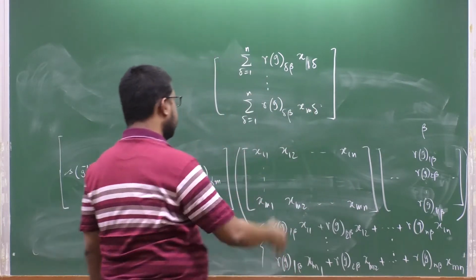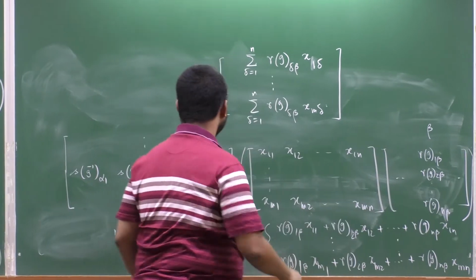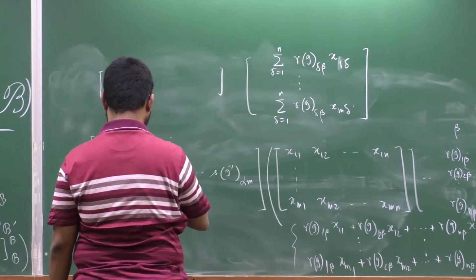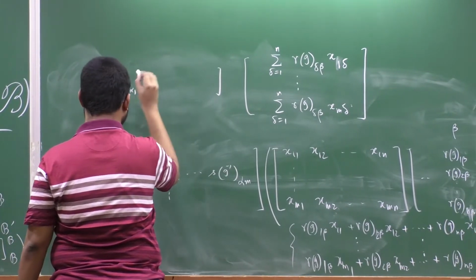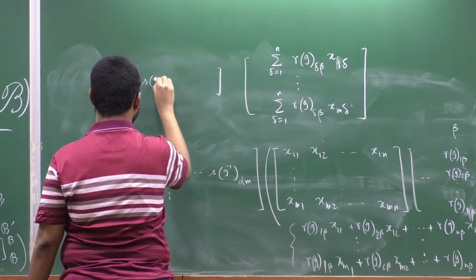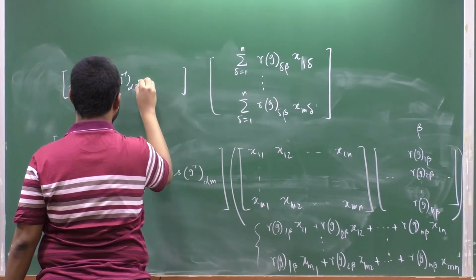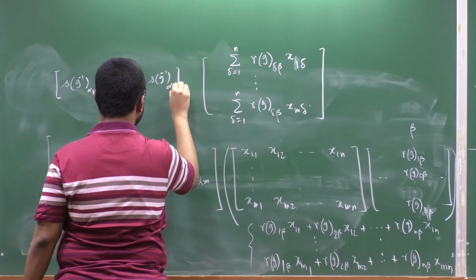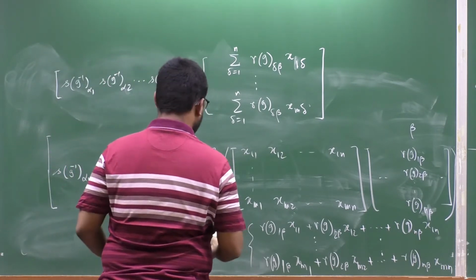So this is the jth column of this matrix, and now that is going to be multiplied by this row: Sg inverse alpha 1, Sg inverse alpha 2, Sg inverse alpha m. Right.